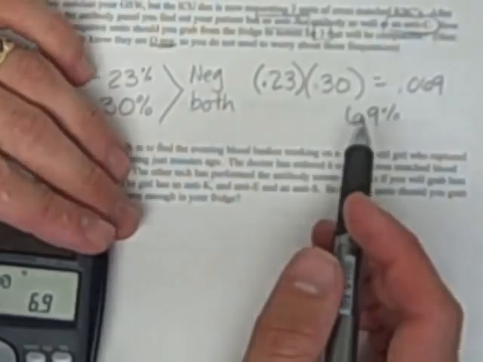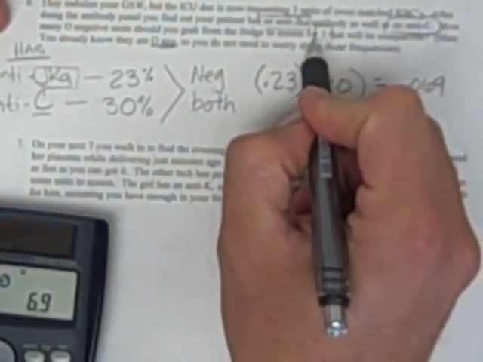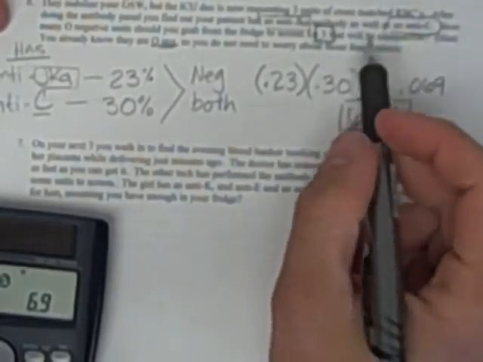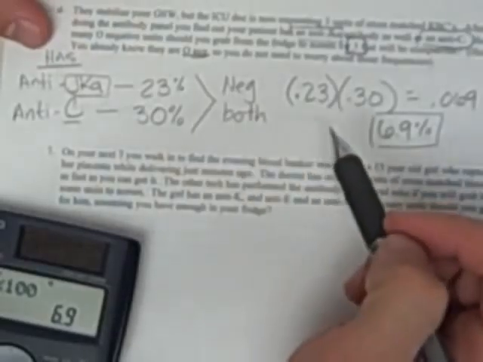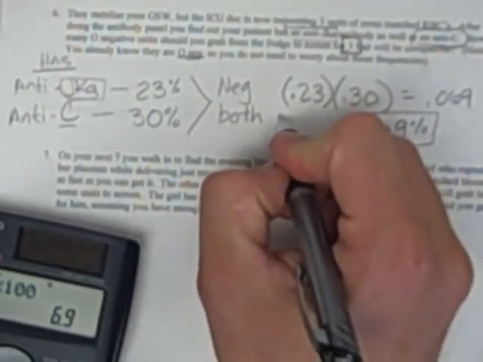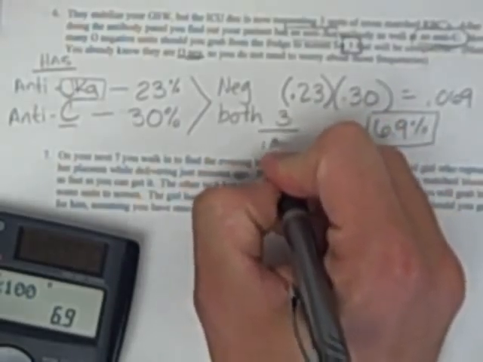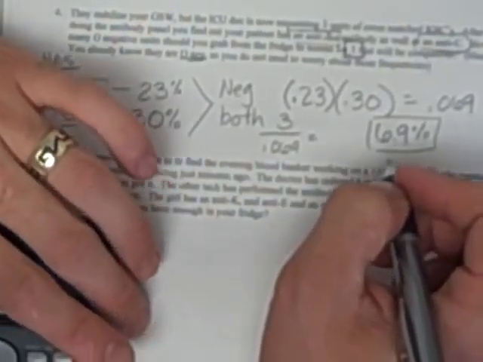So that would be my percent compatible. The step after this says I need 3 units of these O-negative cells that have this pattern of being negative for JKA and big C. So all you do is just put the number of units you need over your percent compatible and you do the division there.